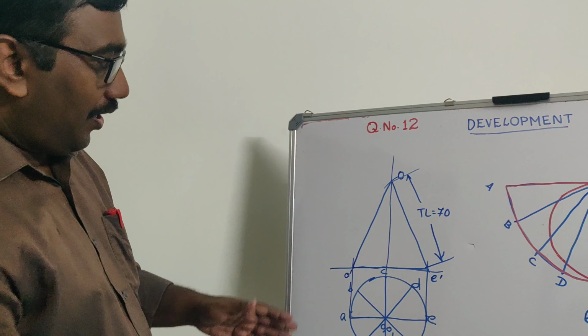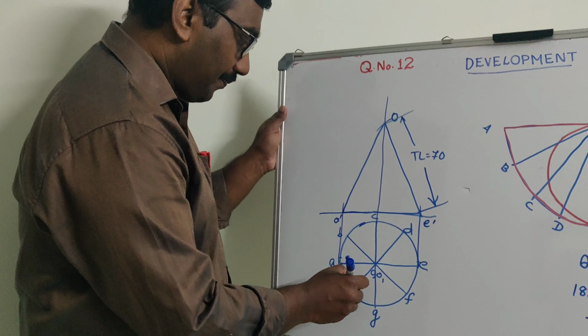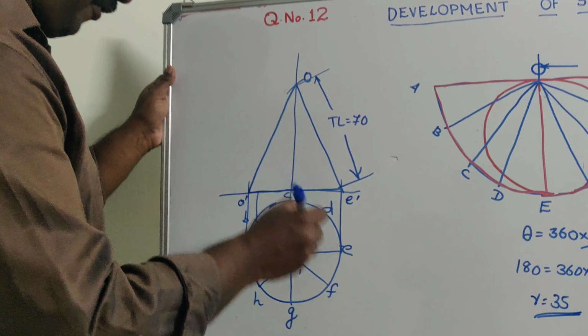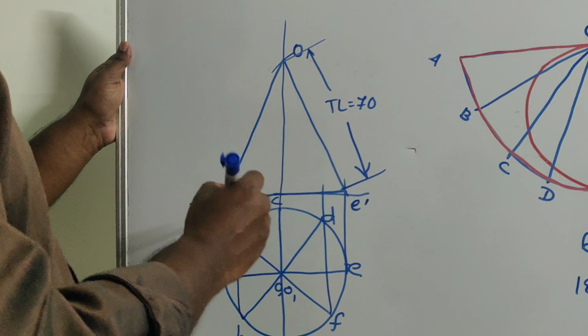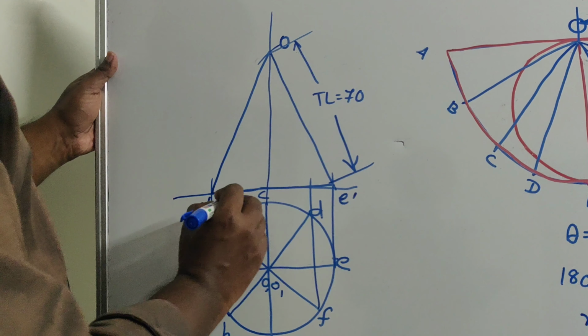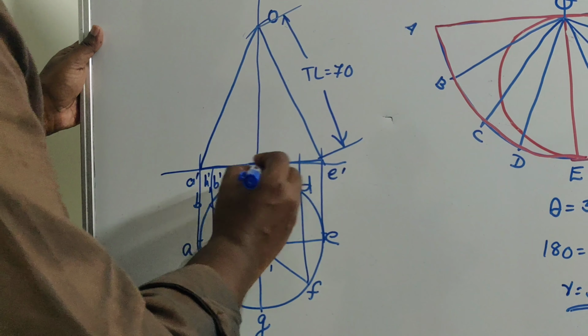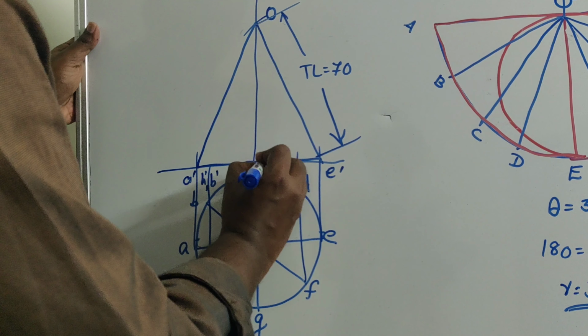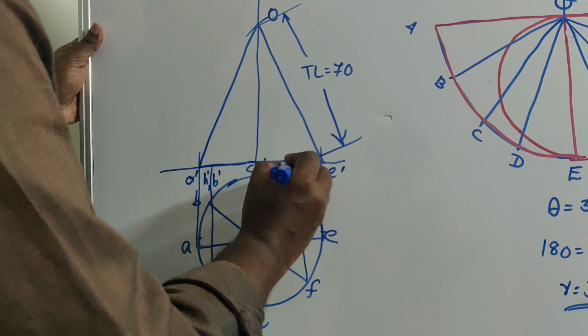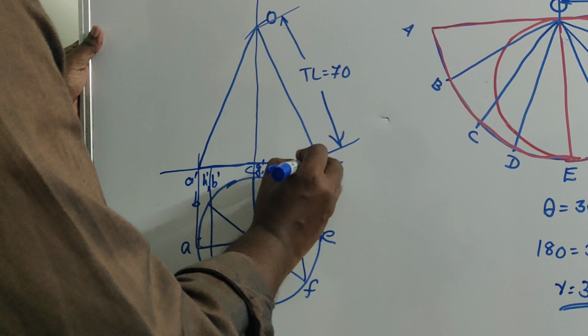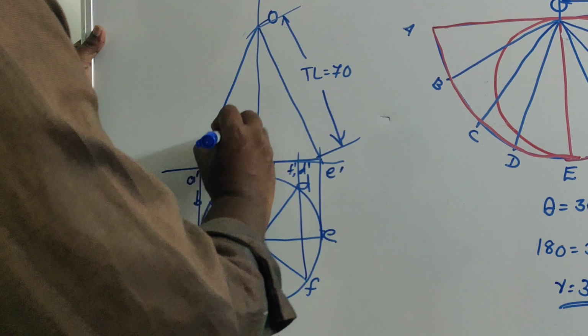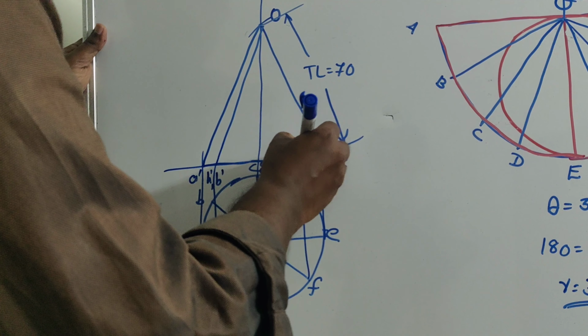Okay. Now we can project these points to the front view. So you get this as H dash, B dash. Here you have G dash, C dash, and here F dash, D dash. You can project all these.